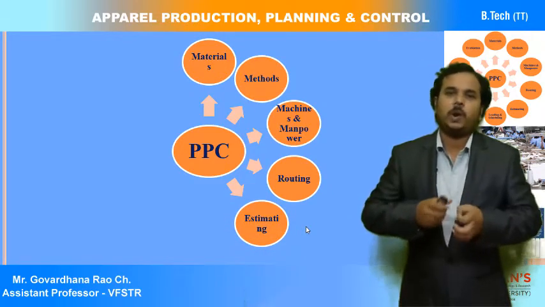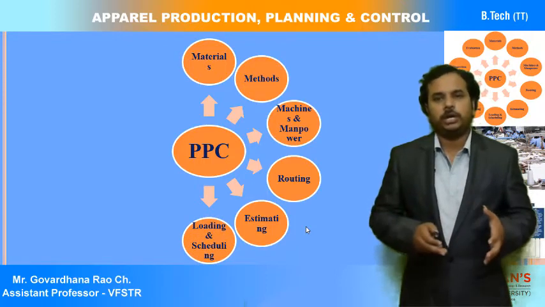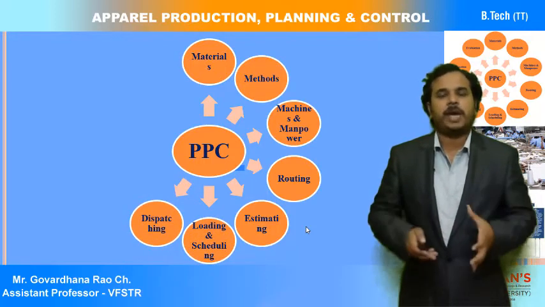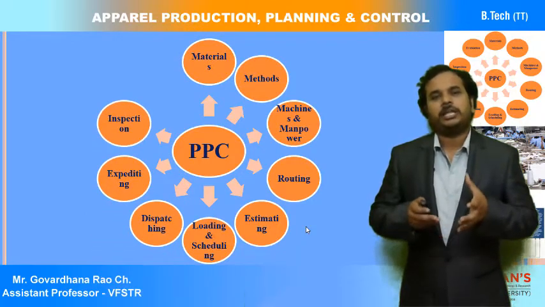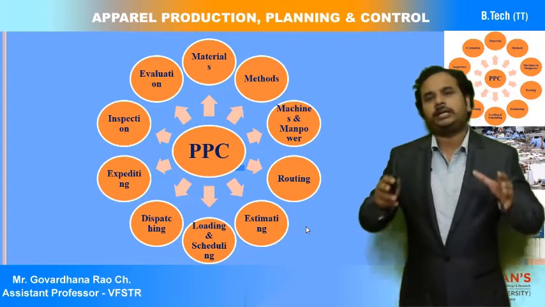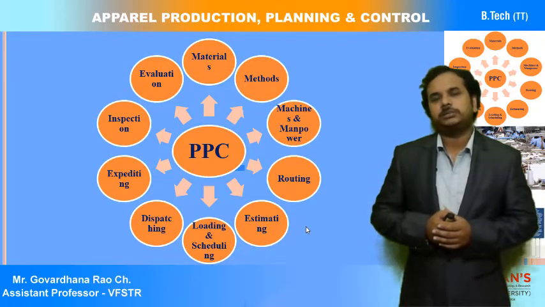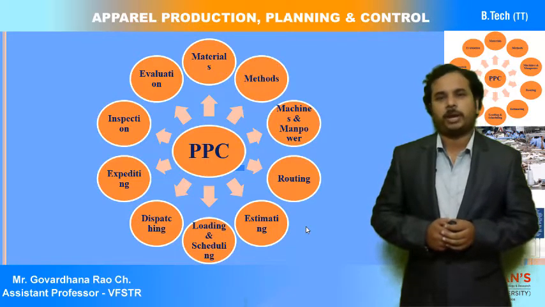We will see all the points one by one: scheduling and loading, then dispatching and expediting, and inspection and evaluation. So these are the 10 functions of the PPC department.